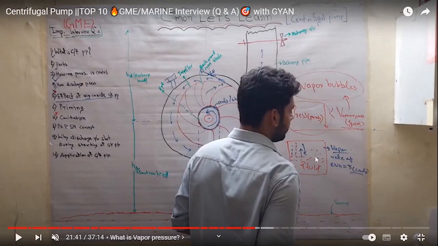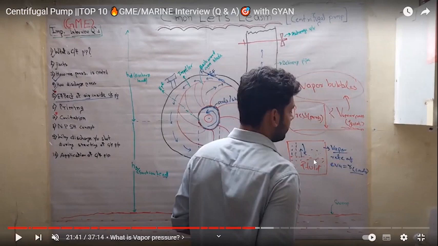Now get it once again. What is the concept of vapor pressure? Suppose a fluid is in a container, the fluid is evaporating, and there will be vapor formation just above the fluid surface, and due to this vapor it is exerting pressure. Now it is evaporating, and at the same time condensation is also happening.